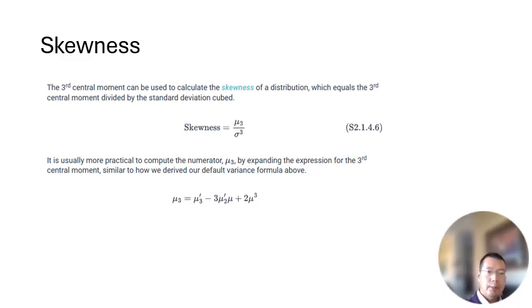It's usually more practical to compute the numerator mu3 by expanding the expression for the third central moment, similar to how we derived our default variance formula above.